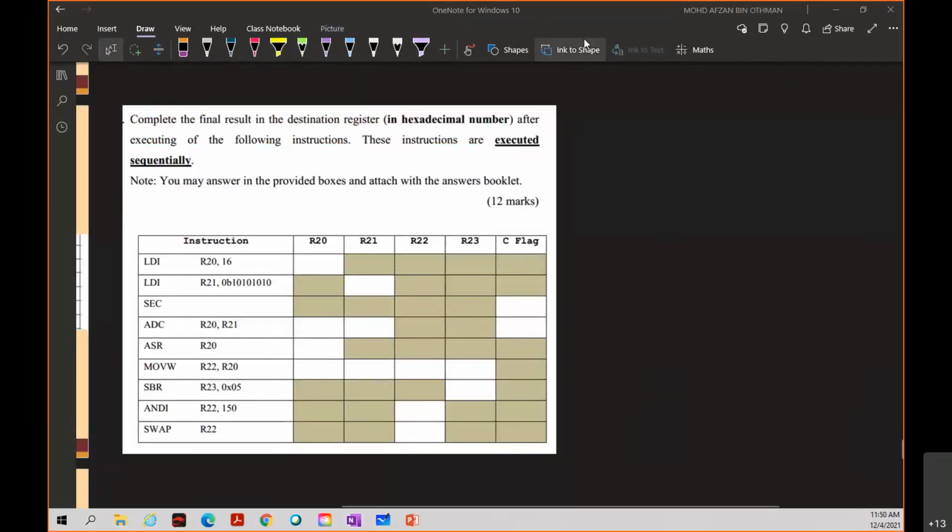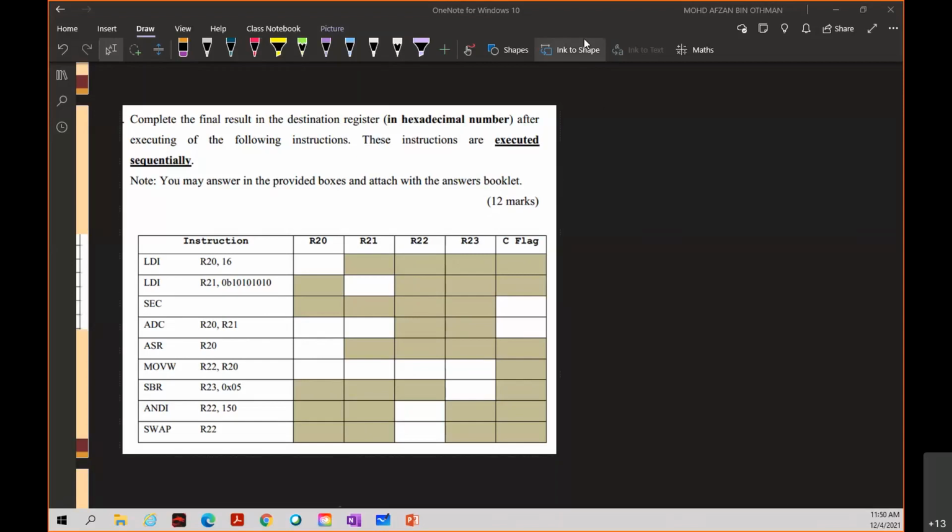Okay, I will give you 10 minutes, and you need to figure out what the value of each of these registers is after you execute each of these instructions.